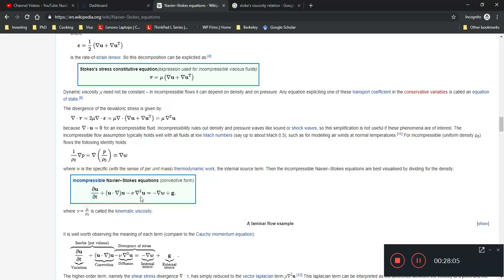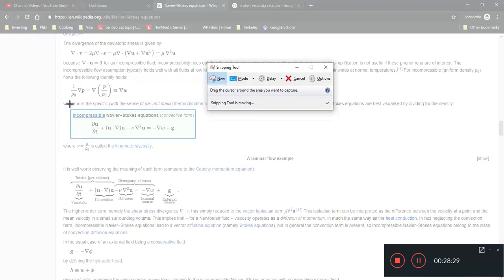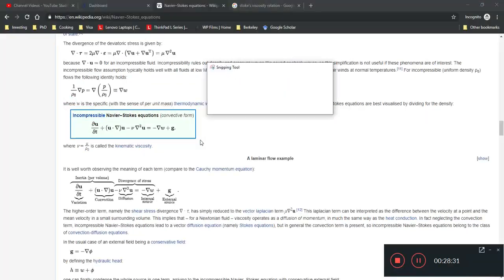Can you see this? So you can see this is the total derivative part, du dt. This u is actually the x, y, and z velocity in vector form. So this is from Wikipedia. This is the vector form.